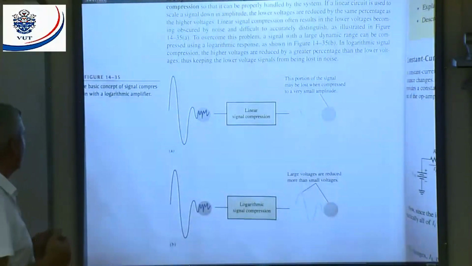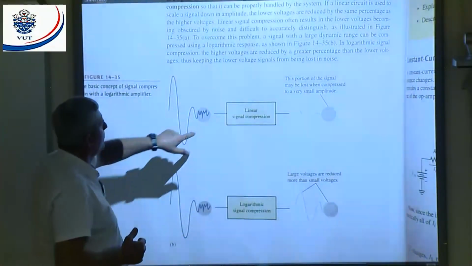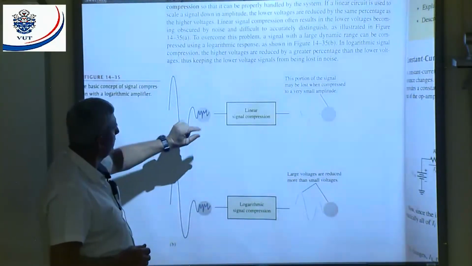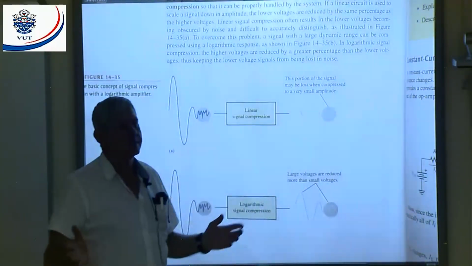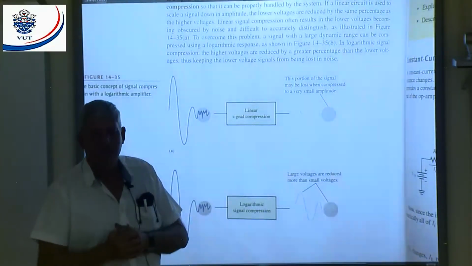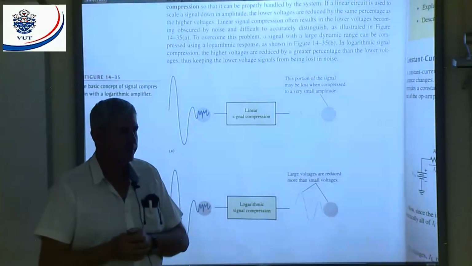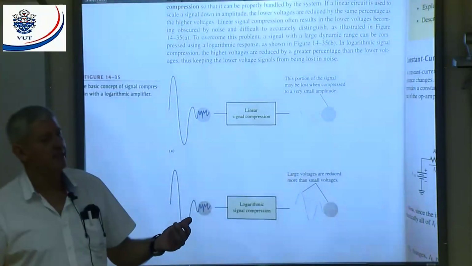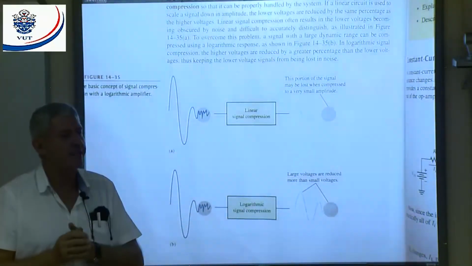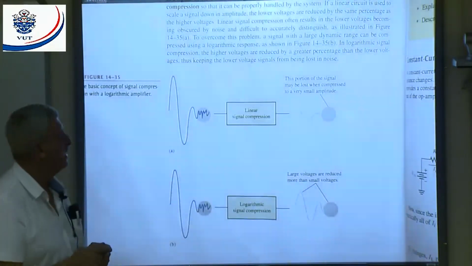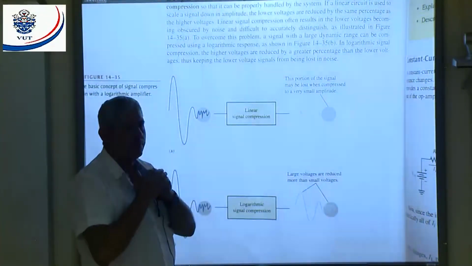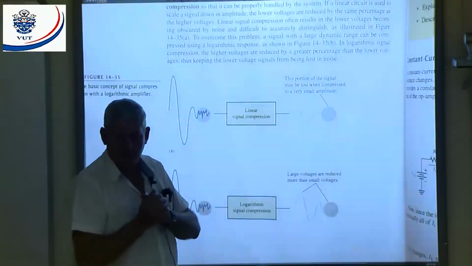Let's say you have something like that and you put it through a linear signal compression. The large amount and the small amount will be compressed with exactly the same value. Let's say my compression is 100. That means I'm going to make that signal 100 times smaller. But when it's linear, this large part and the small part, everything will be 100 times smaller.